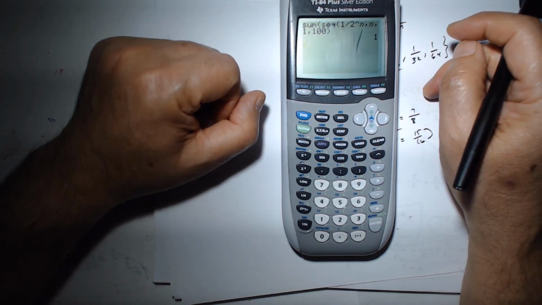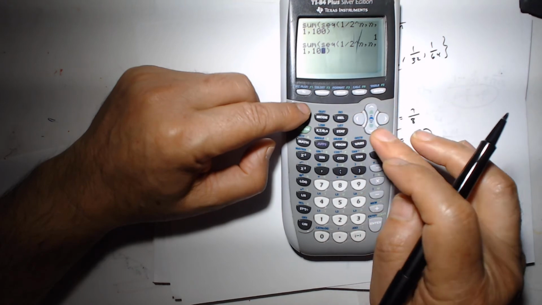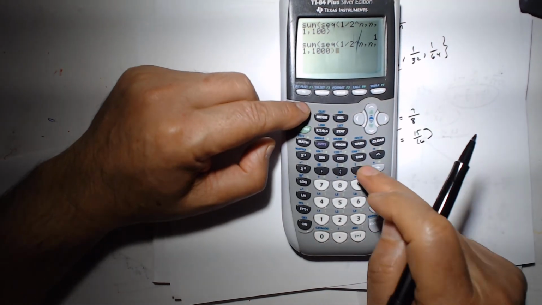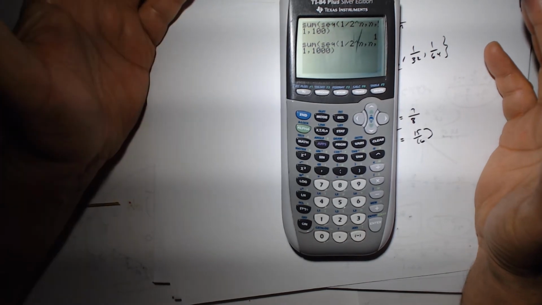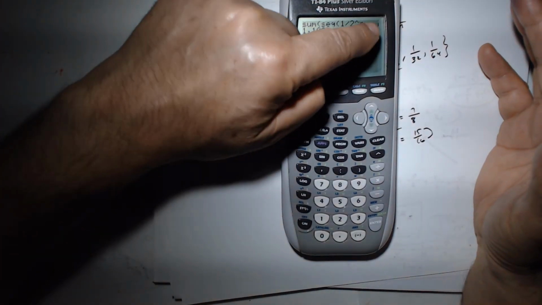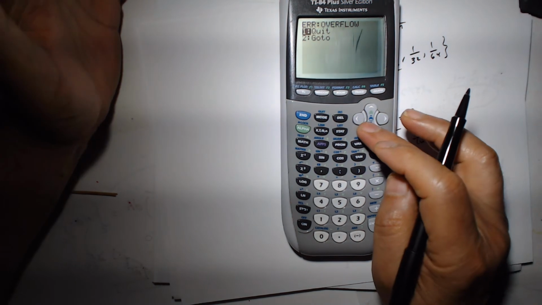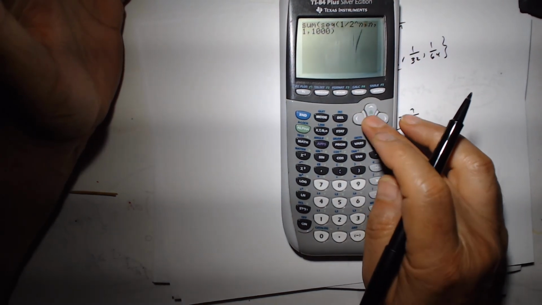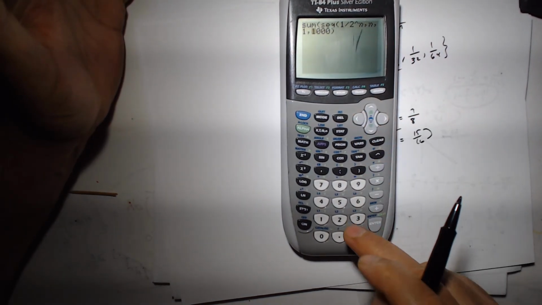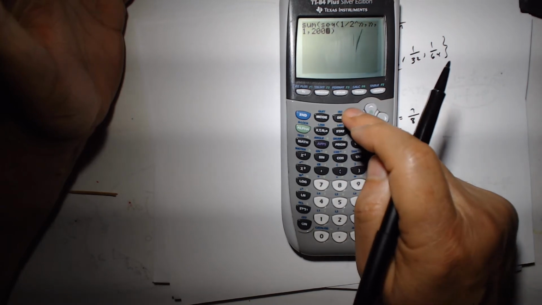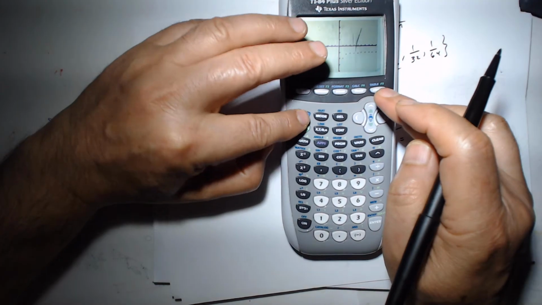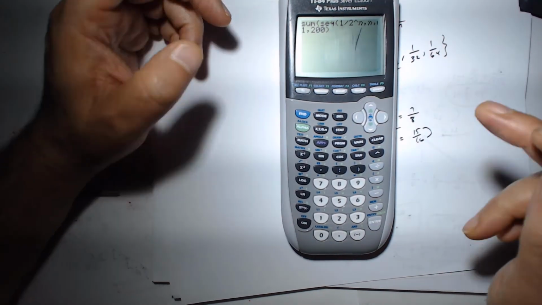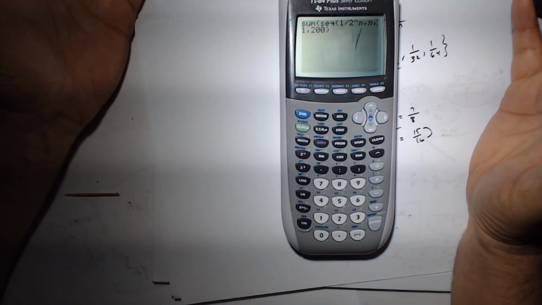What is the sum when it becomes 1,000? I don't think the calculator is going to give it to you, because there are lots of terms to add, it takes a long time, and overflows. Maybe I'll make this one 200. Maybe calculators go up to 999. I didn't want the graph. I need the answer. Let me see what happens.